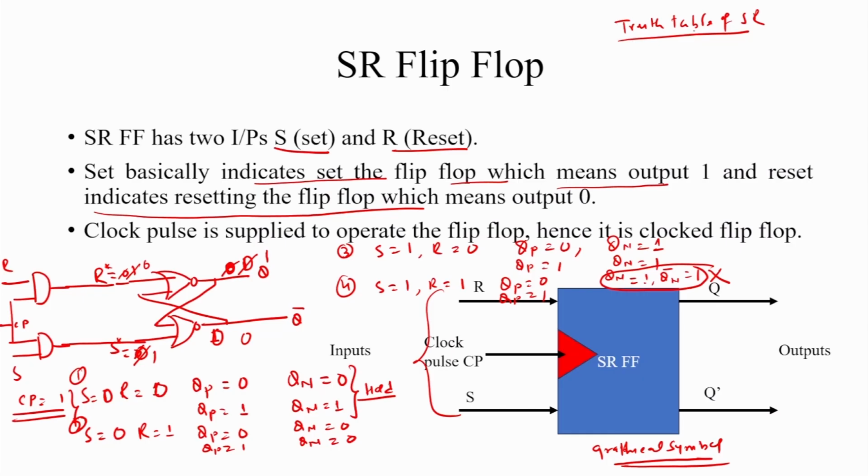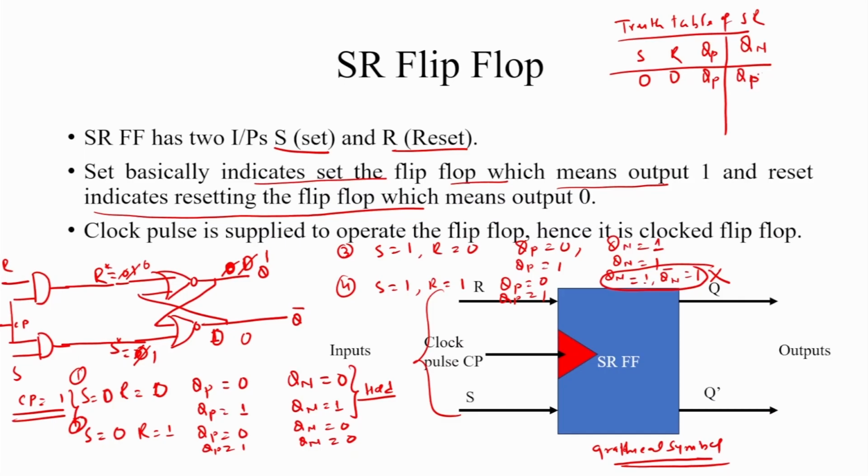In the truth table of the SR flip flop, there are 2 inputs, S and R, and Q previous is an input, and here we generate Q next as the output. Next state, QP means the previously stored value. What happens here? For 0, 0, whatever the value of the previous state QP, either 0 or 1, the next state is the same as QP, that is a hold state.